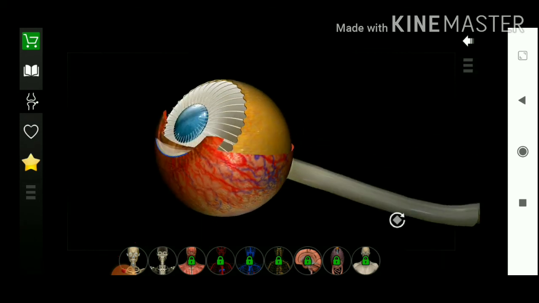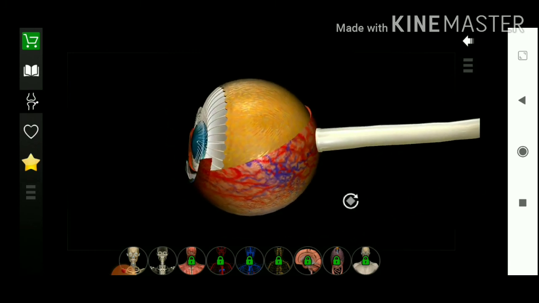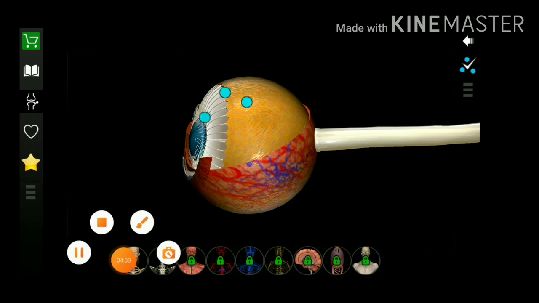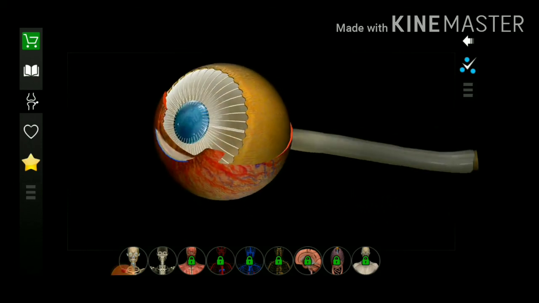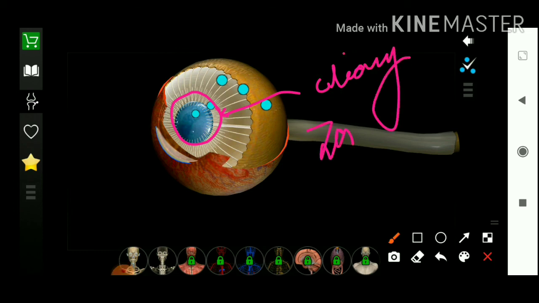Now in this diagram you can also see that behind this corneal limbus, you have a thickened vitreous membrane fitted on the posterior surface of the ciliary zonule. This ciliary zonule is continuous with the retina at a serrated region, which is known as ora serrata.